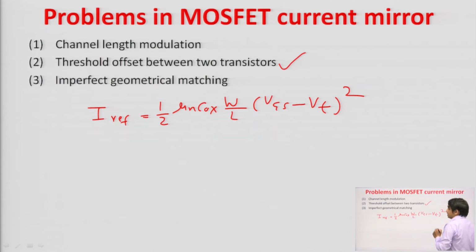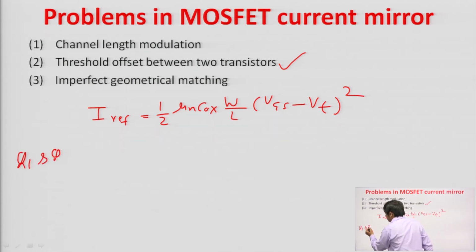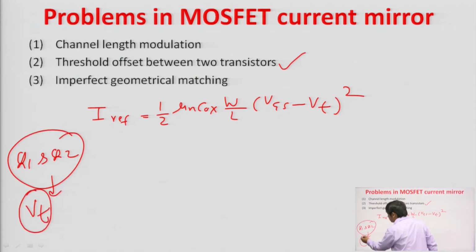Now, see, threshold offset means, since I have already mentioned both the Q1 and Q2 transistors in current mirror should be matched. Matched means the threshold voltage of both the transistors should also be same, fine. But practically what happens, VT, this threshold voltage may vary slightly, right.